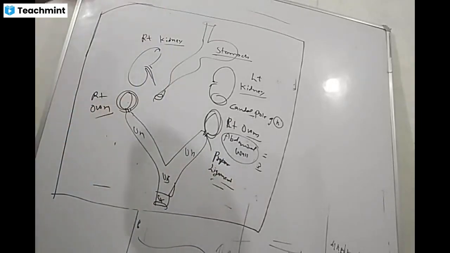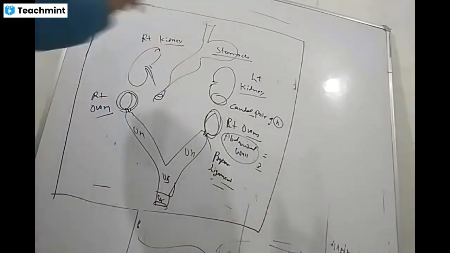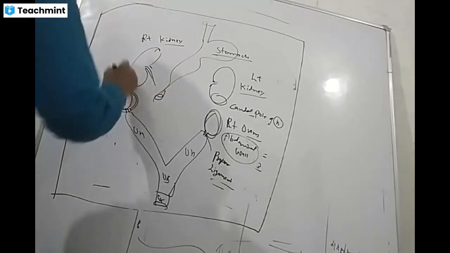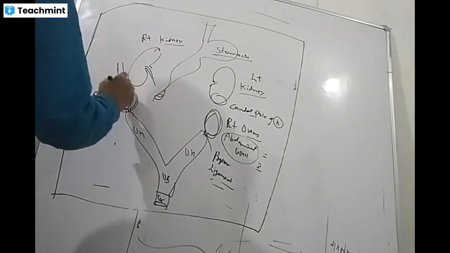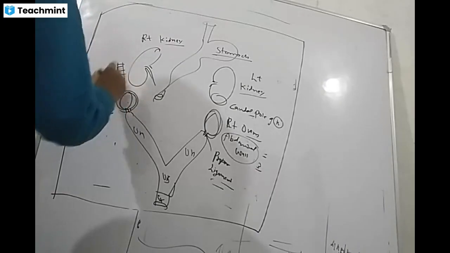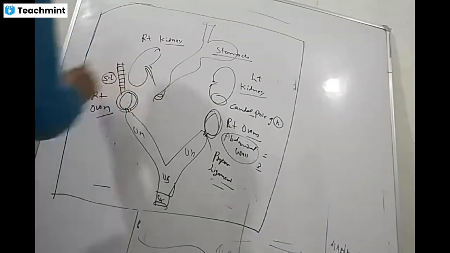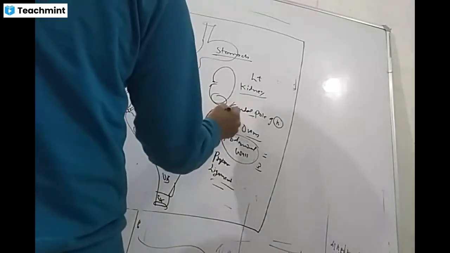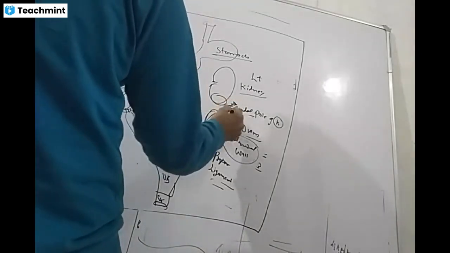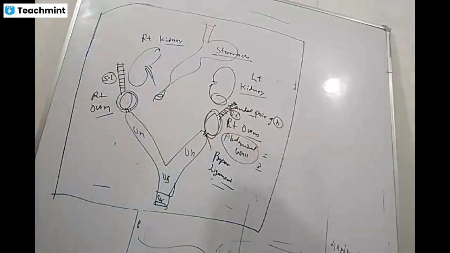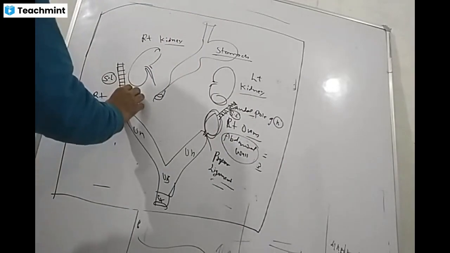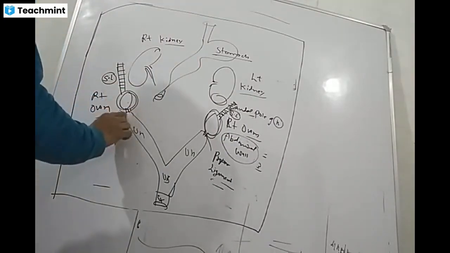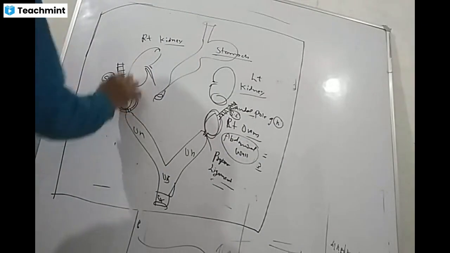But the more important ligament for surgical importance is the suspensory ligament, which attaches the ovaries to the dorsal abdominal wall. So ovaries are attached with one proper ligament, and the important ligament is the suspensory ligament.